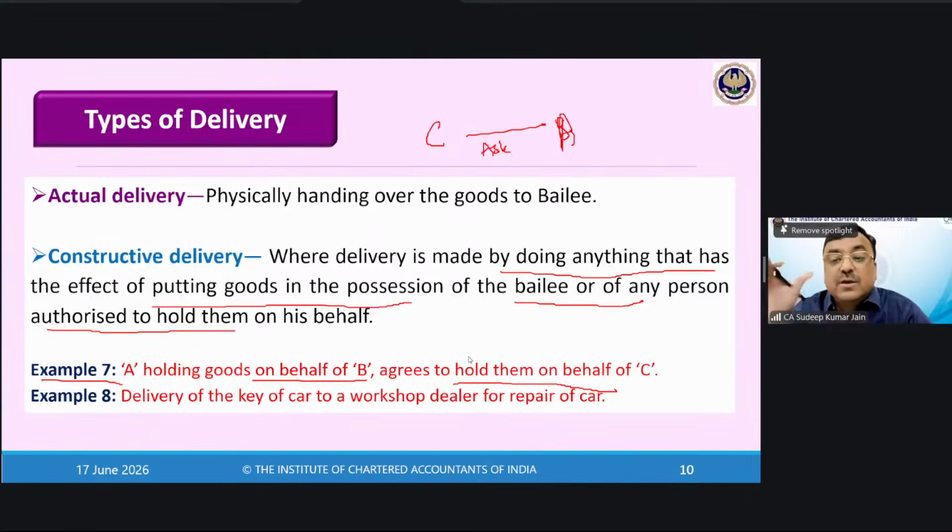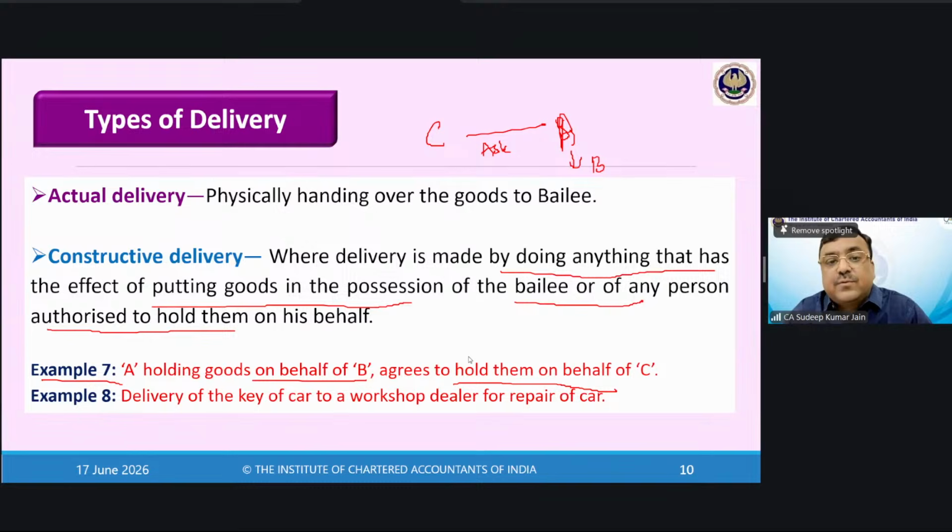A says, sir, I really want to give the book to you, but my book is with Mr. B. I have already given it to B. So A informed B, kindly deliver the book to C. Now B informs C, sir, don't worry, I am holding the book on your behalf.